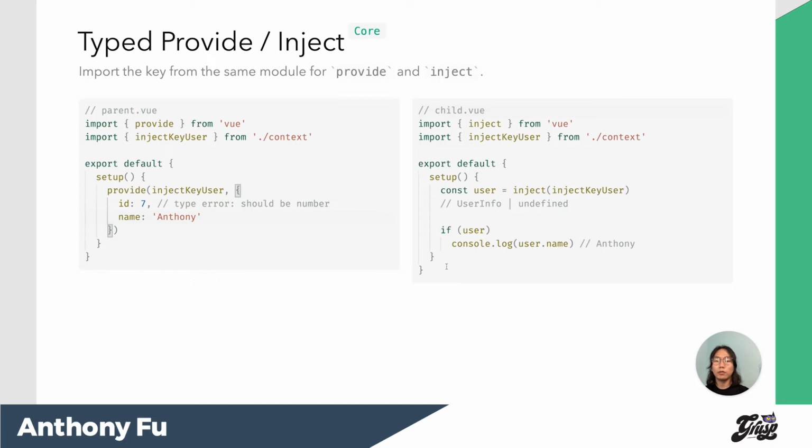And in child components, we can use the inject function with the key as well. You can see it correctly infers the types for userInfo and its properties.